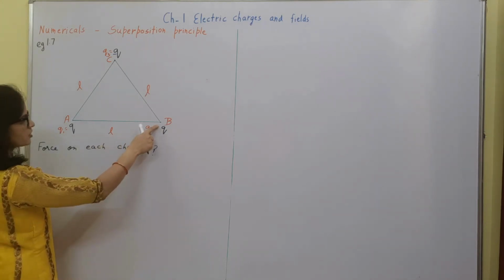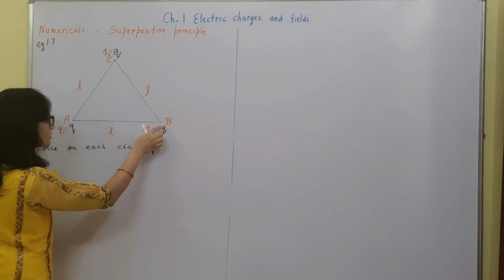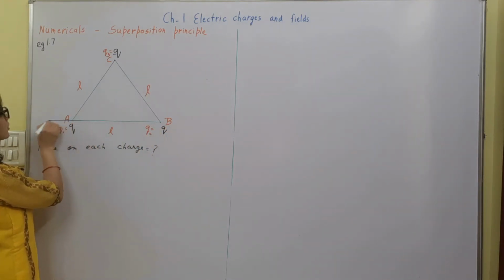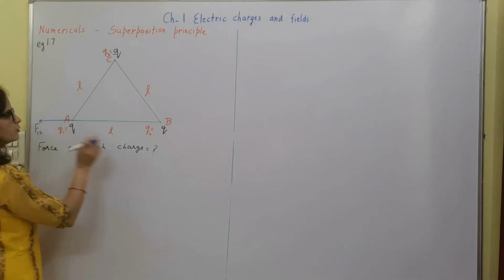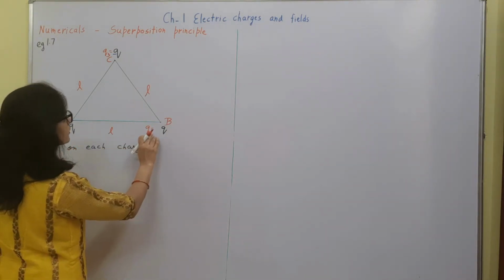So this charge will repel it. So force on this due to this will be repulsive. So this will be the direction of force on 1 due to 2. We can write a bigger suffix.